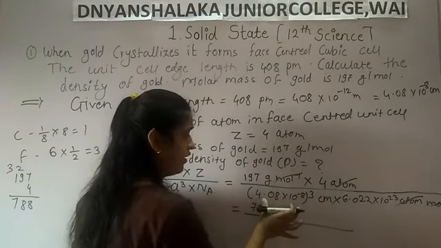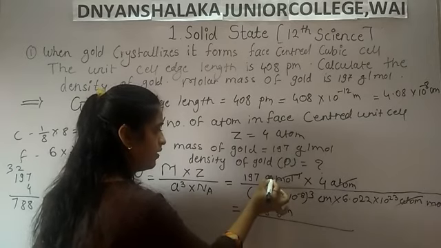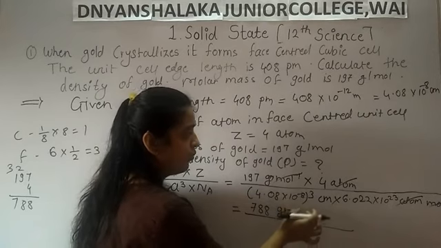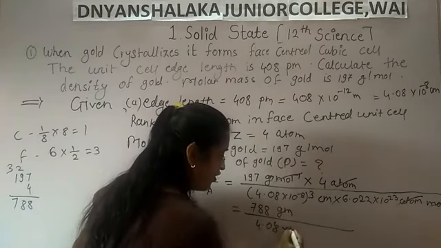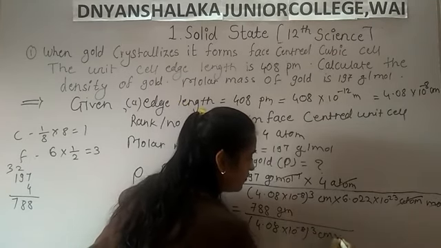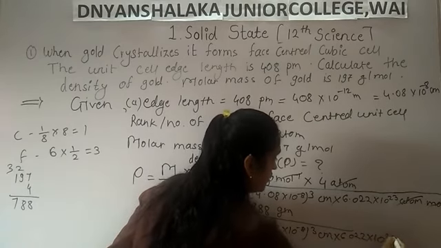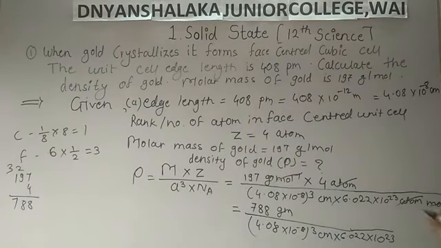So next we have to find this edge length cube multiplied by the Avogadro number, 6.022 into 10 raised to 23. On calculating, 788 divided by this value, we get the density of the substance.